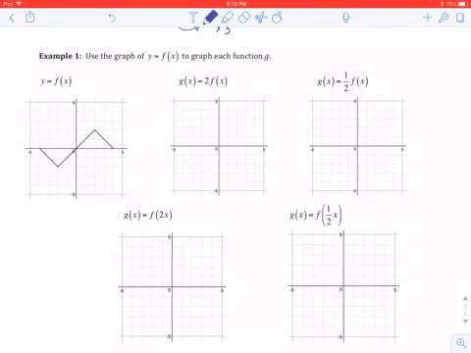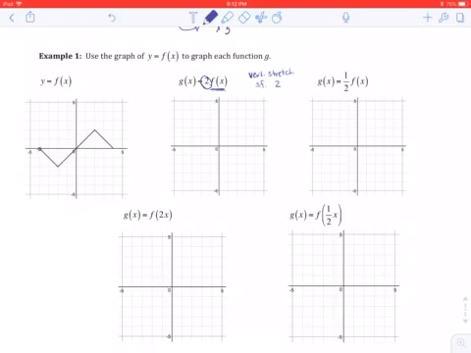So let's take a look at examples of what that's really going to look like. Use the graph to graph each new function. So here's my f of x. This says twice f of x. I'm going to take all of my y coordinates, since it's outside, and multiply them by 2. This is a vertical stretch with a scale factor of 2.